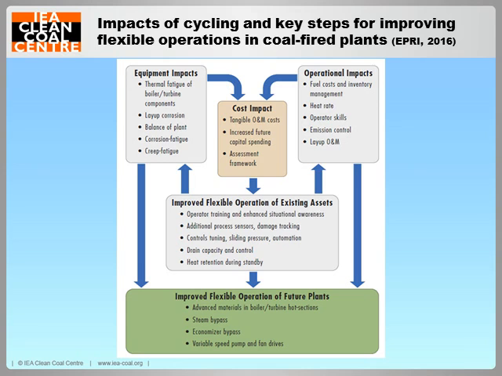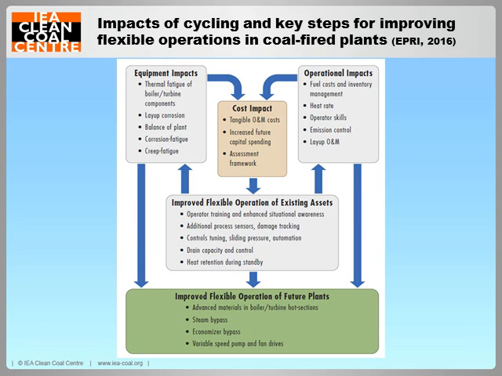The increase in maintenance cost is due to cycling, which is a range of operations in which a plant's output changes, including starting up and shutting down, ramping up and down, and operating at part load. In other words, less than full output.